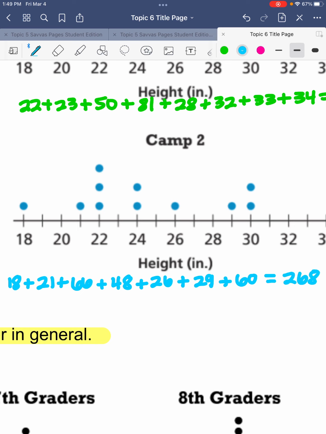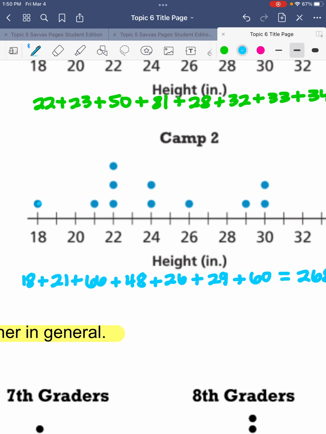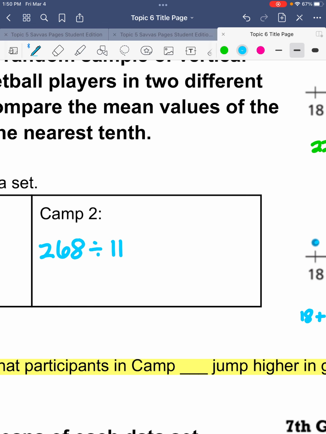Now 268 is not my mean, it is my sum. So to get the mean, I take that sum, 268, and I divide by the number of dots. So we have 1, 2, 3, 4, 5, 6, 7, 8, 9, 10, 11. We have 11 dots in this graph as well.